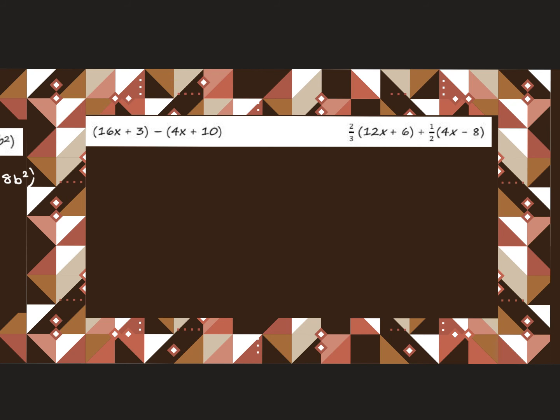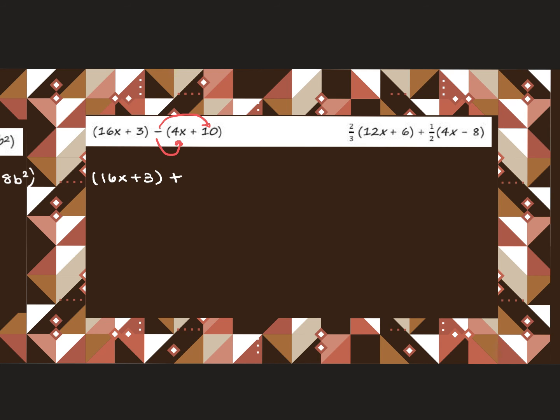All right, so let's look at this first example. I have 16x plus 3 minus 4x plus 10. You don't have to do this, but it's something I like to do when I am subtracting. I distribute that negative to everything in the parentheses, and I add them together. So my 16x plus 3 stays the same.